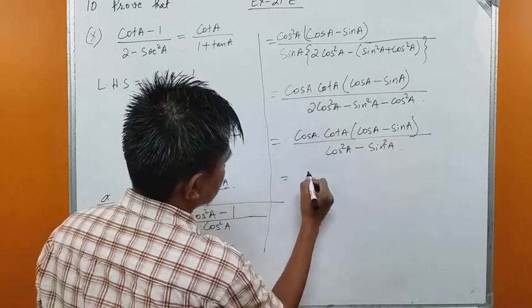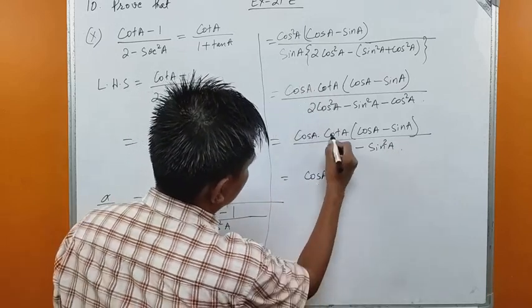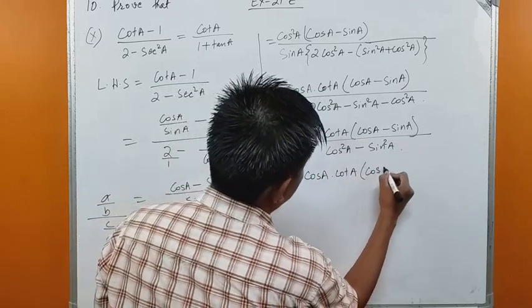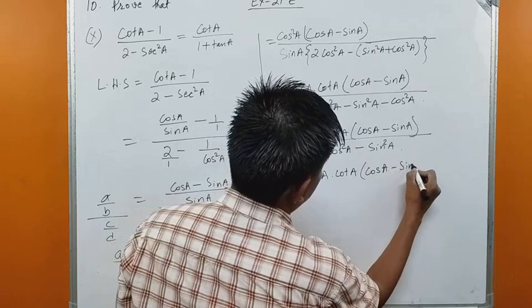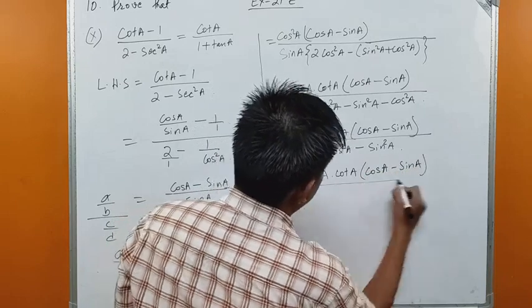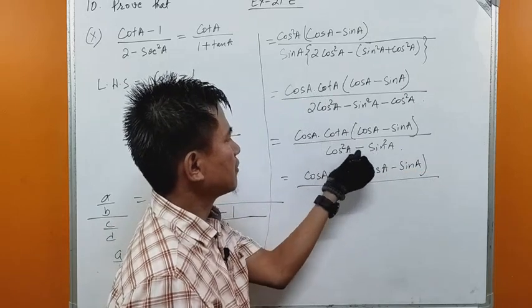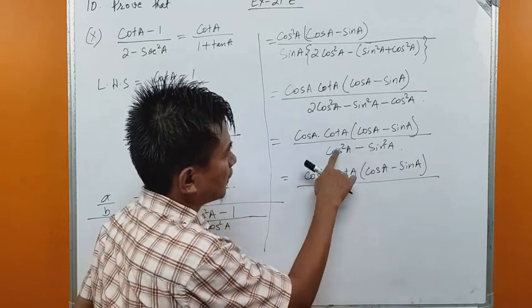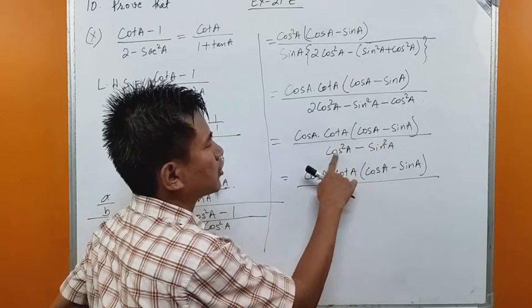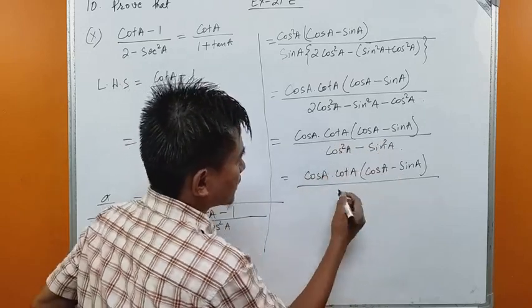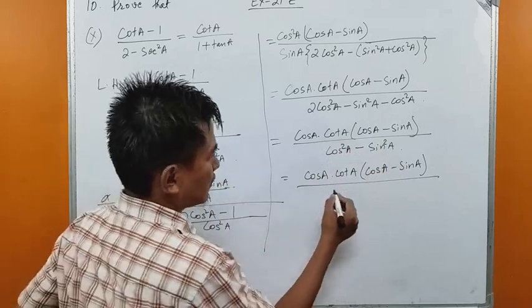Now this is cos A into cot A, we don't change anything in the numerator, we copy as it is, cos A minus sin A. In the denominator we have cos square A minus sin square A, this means a square minus b square. We assume cos A as a and sin A as b, a square minus b square, which means a plus b into a minus b, isn't it?